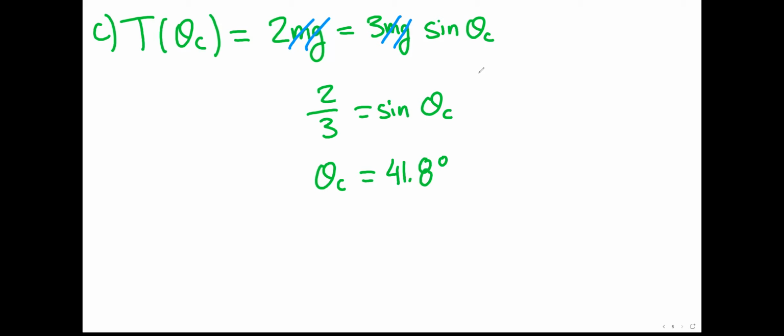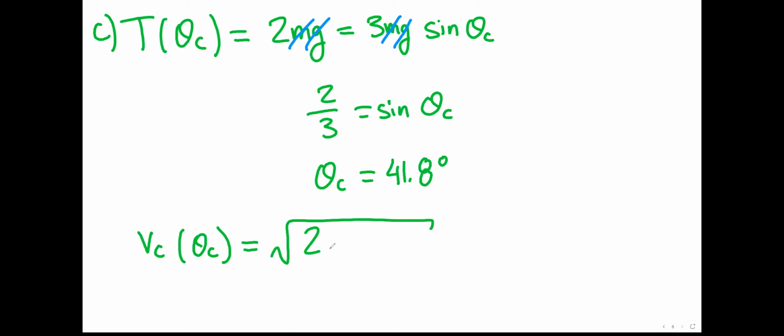And then the next part of this question was, what is the velocity, the critical speed at that point? We already have a formula for the velocity as a function of theta: square root of 2gh sine theta, and in this case it's sine of theta c. We could plug in 41.8 degrees, but instead, we know that sine of theta c equals 2 over 3, so we can just plug in 2 over 3 for the sine of theta.